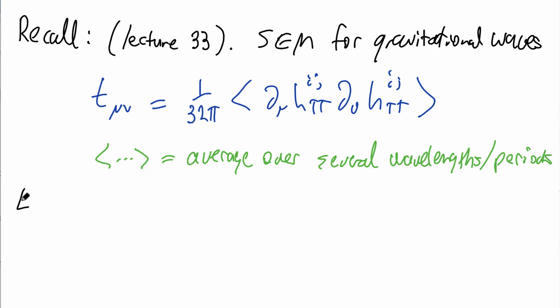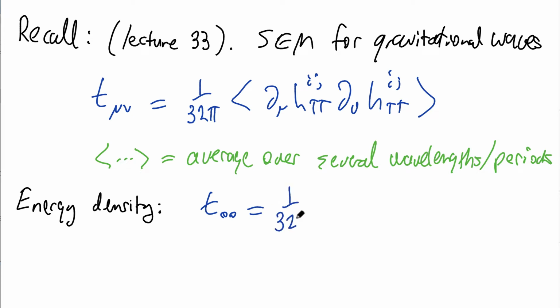In particular, the energy density in gravitational waves is T00 equals 1 over 32 pi times the average of h_ij^TT dot, the time derivative, times h_ij^TT dot.